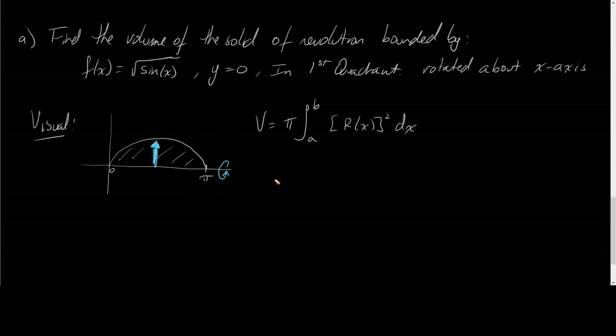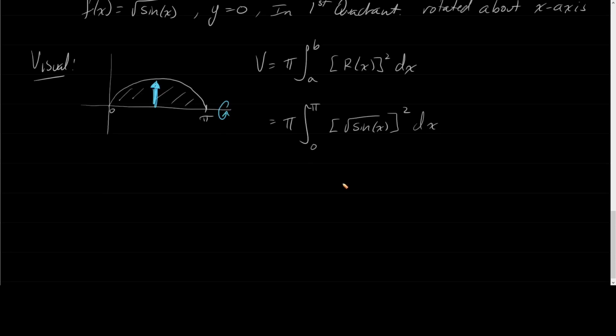So in here, pi integral from a to b, so 0 to pi, of our function r of x, and that function is just radical sine of x, squared, dx. What does squaring the square root do for us? Well, I have pi integral from 0 to pi of sine of x dx, which means pi times the integral of sine, which is negative cosine, evaluated from 0 to pi.